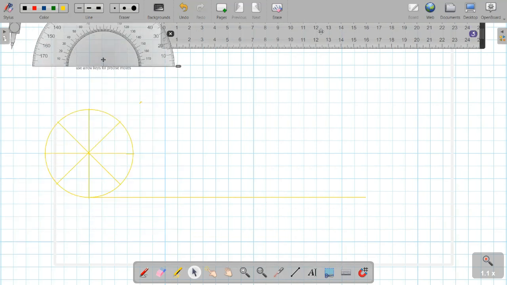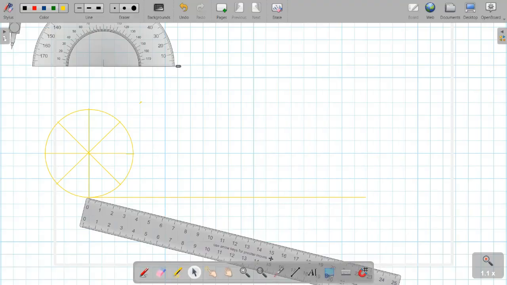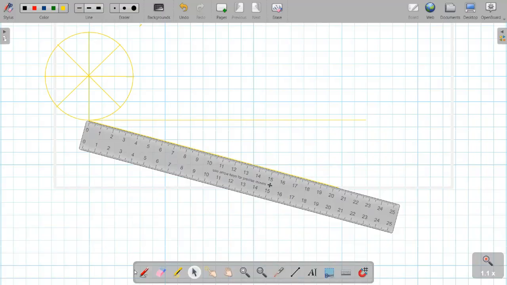So I will make a line at around 30 degrees. It can be made at any angle, of any length. Then you mark some equidistant points. For example, if you are taking 1 centimeter, mark 8 points of 1 centimeter. If you are taking 2 centimeters, mark 8 points of 2 centimeters. Let us say I will mark at 2 centimeters.